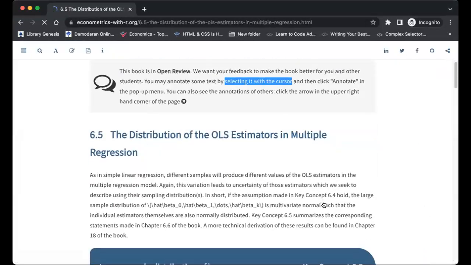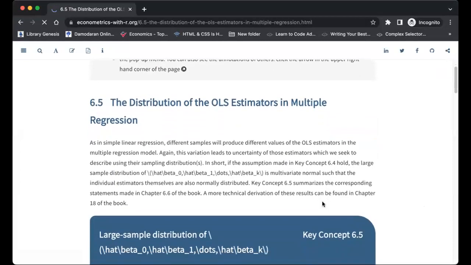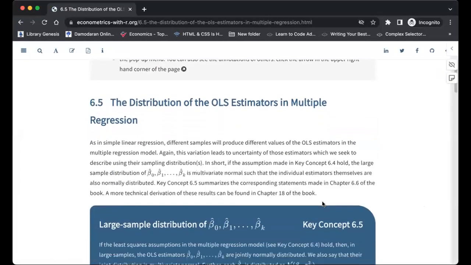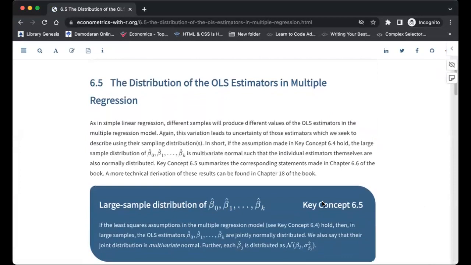The final part is about the distribution of the OLS estimators in multiple regression.